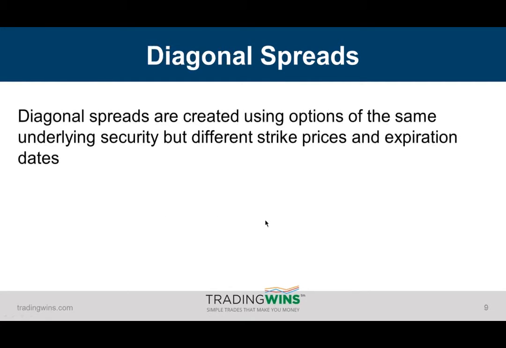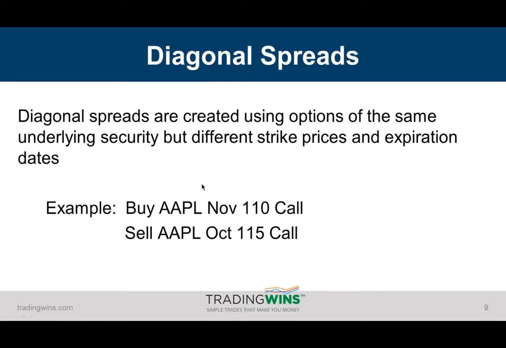For diagonal spreads, you're creating these by using the same underlying security, but different strike prices and different expiration dates. So as an example, we'd be buying that November 110 call for Apple, but we'd be selling, say, an Apple October 115 call. So same underlying, different expiration month, different strike price, okay?